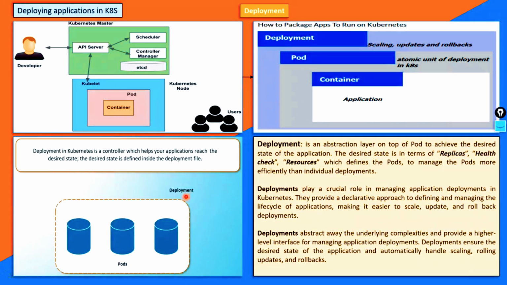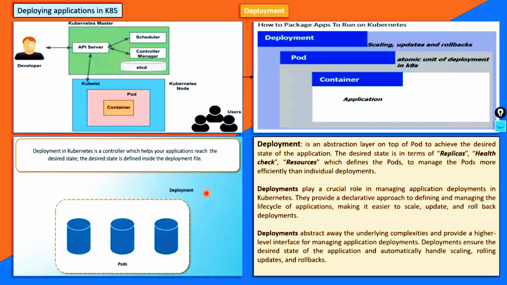So there are lots of things. Better to say that I have used a deployment manifest file to create 3 replicas of the pod. That means the same application, let's say a Java application, is running inside one pod, but I am not happy with one pod. I have made a replica of 3. What you desire will be mentioned in the deployment manifest file. You can also declare the resources, that this pod takes this much CPU, this much RAM, this much storage.